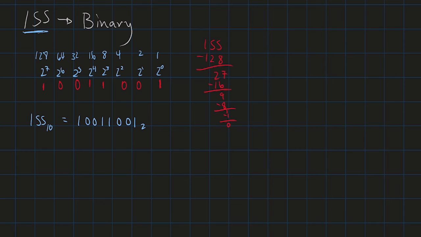We could also start from binary and convert to decimal. So let's say we started off with 0 0 1 1 0 1 1 0.